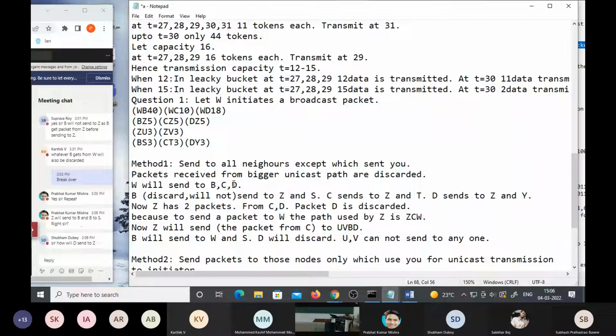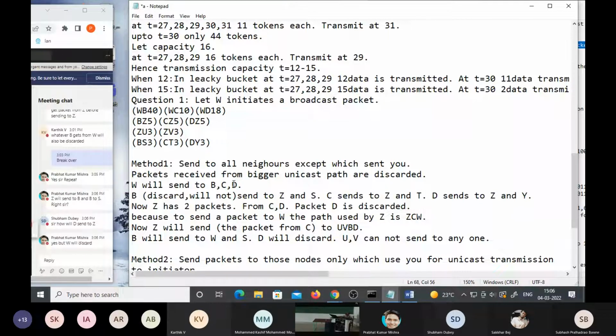D will be getting 2 packets. D gets a packet. D will discard.